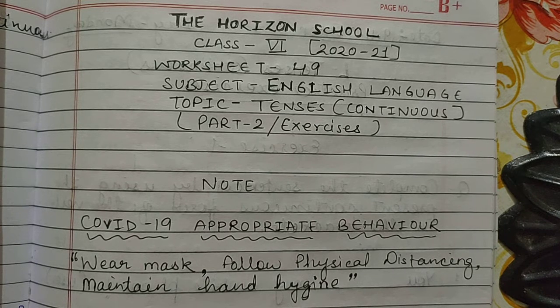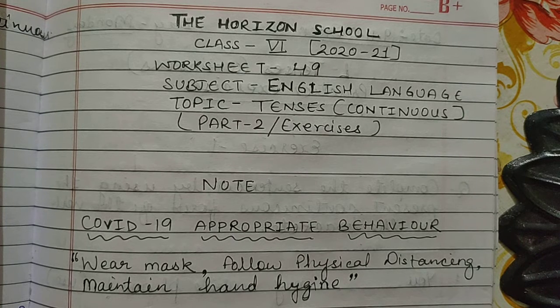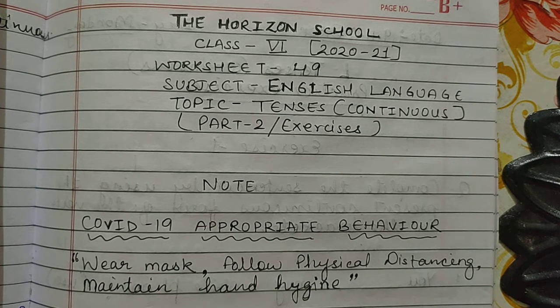Remember, do not touch your face, meaning your eyes, mouth and nose especially, and do not share your food or drink or any other items with others. So these were some COVID-19 appropriate behavior which you should follow during this unlock 5.